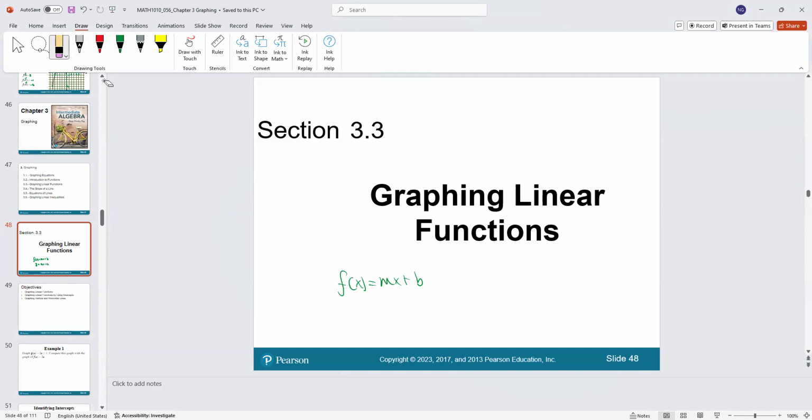Or the general form, if you have ax plus by equals c, where a, b, and c are all real numbers. This is a linear function because the exponents are not greater than 1 for x and y, and you don't have any symbols like absolute value or radicals like square roots, cube roots, etc. Now, in this section, we will focus on graphing functions.